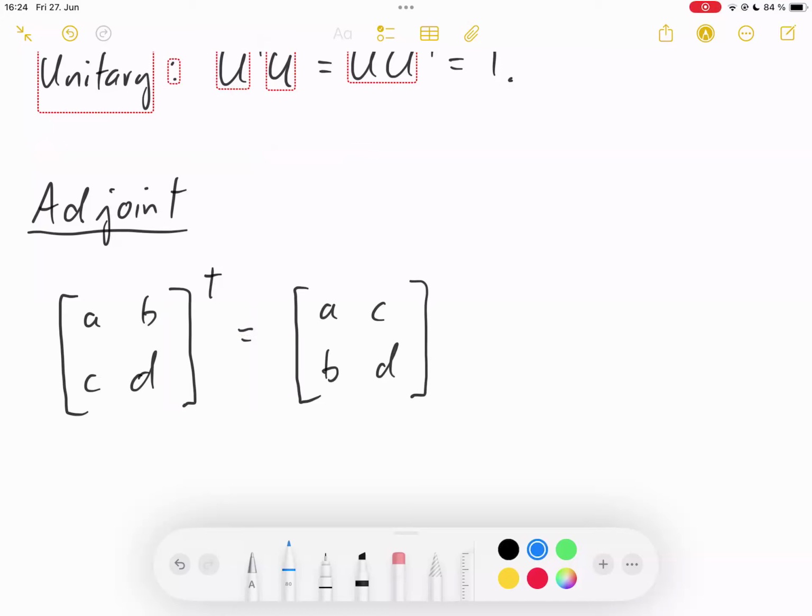Plus, I have this bar on top. And remember that A, B, C, and D are complex numbers. Do you have a clue what this bar on top may mean? If you have an idea, let us know.